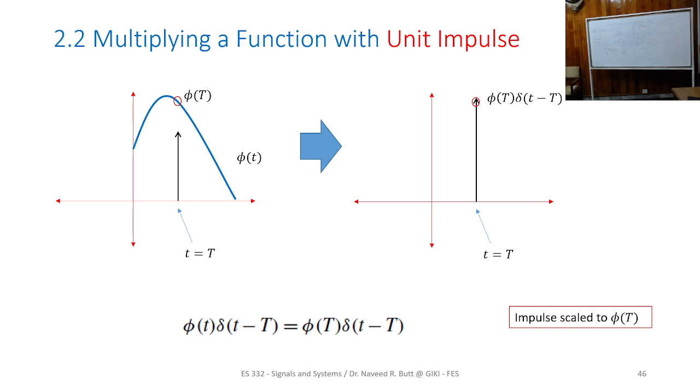Still infinity. So the limits don't change, this doesn't change, and we can replace this whole thing by minus infinity to infinity delta tau d tau. Tau is a dummy variable. This now satisfies the property, so you can replace it by 1.